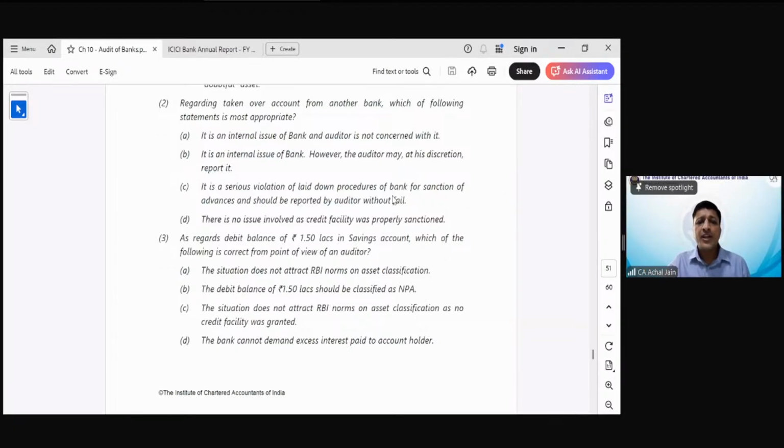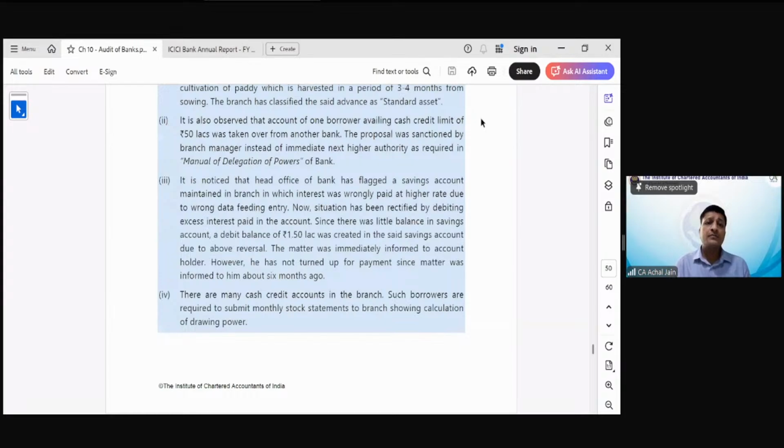So now Shreya says option C. That's correct. Yeah, C is the correct one. Why? Because see, for a bank, these policies, procedures, delegation of authority, these are very important. Breach is not acceptable. Tanu is also saying C. Yeah. So in this case, what had happened?